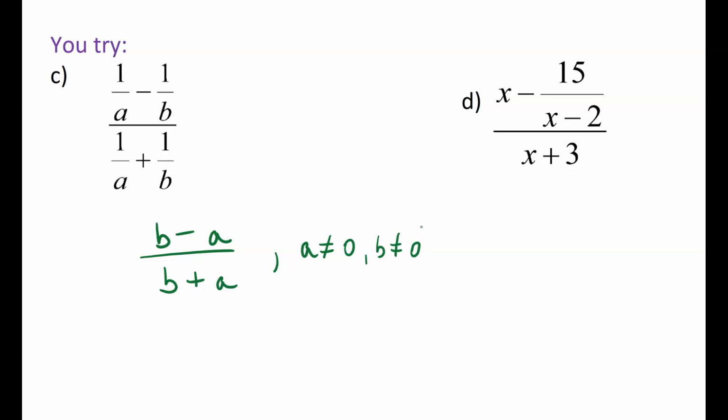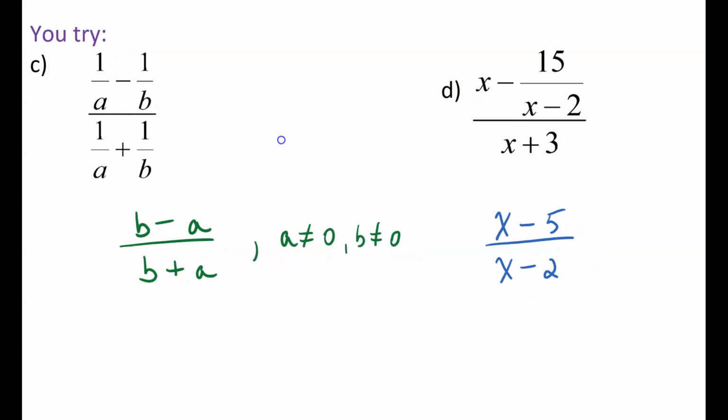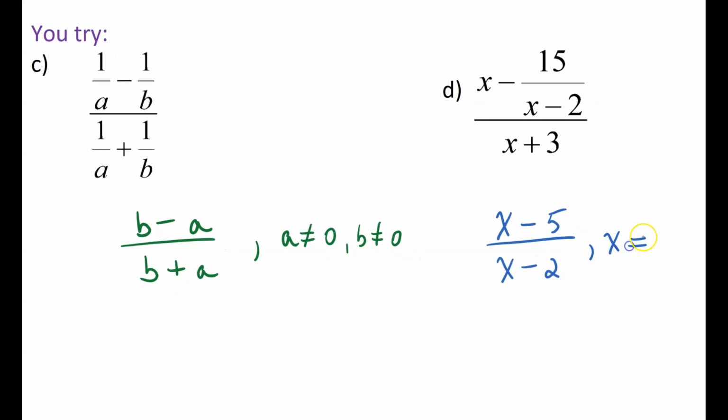All right. How about D? What did you get for D? X minus 5, all over x minus 2. Yes. Okay. Any restrictions? X cannot equal 3. Negative 3. Beautiful.